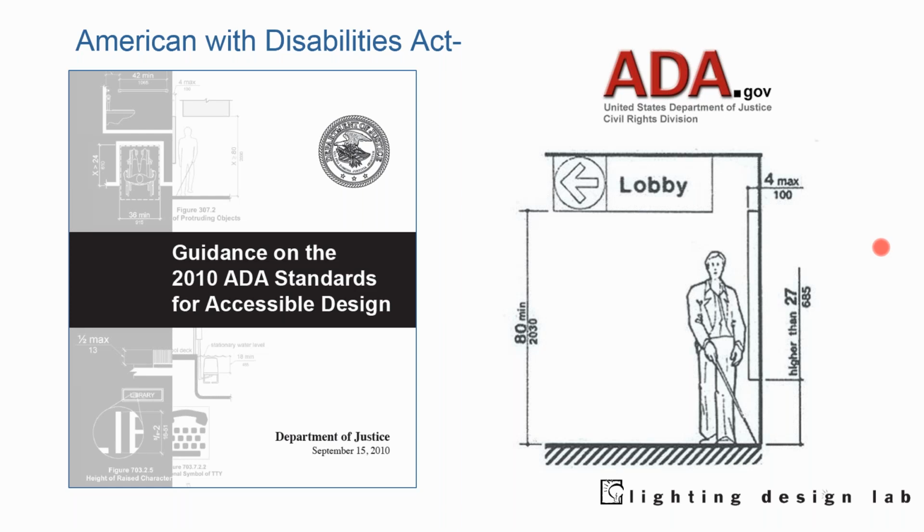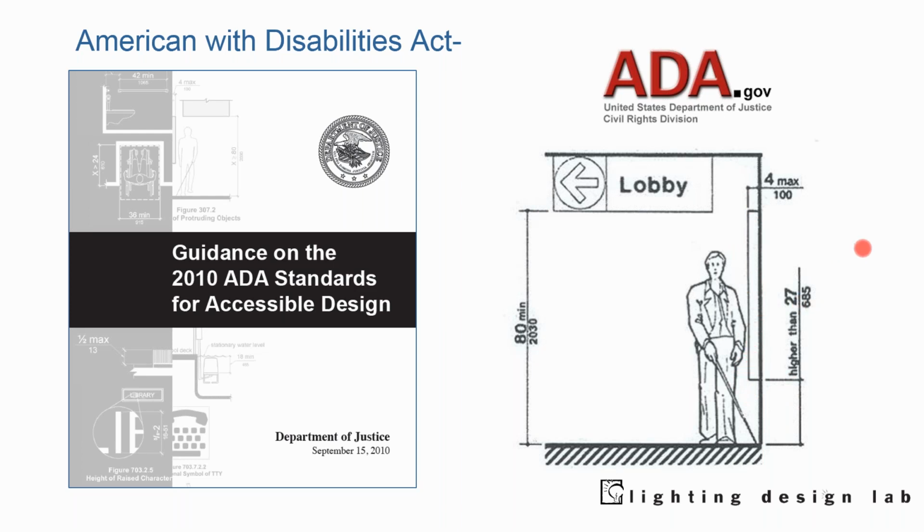The ADA, the Americans with Disabilities Act, when this came online, gosh, I don't know, 20, 25 years ago or so, it was quite a big deal, especially for luminaires that were mounted to the wall. There were rather strict and new standards, no more than 4 inches projection out from the wall within an 80-inch to 27-inch zone.